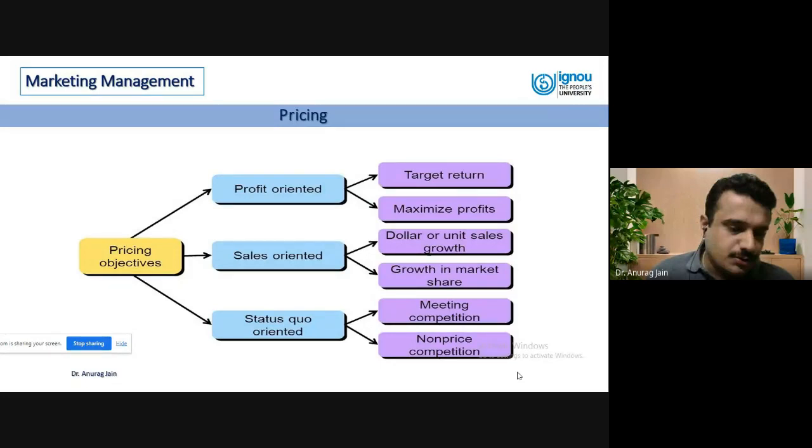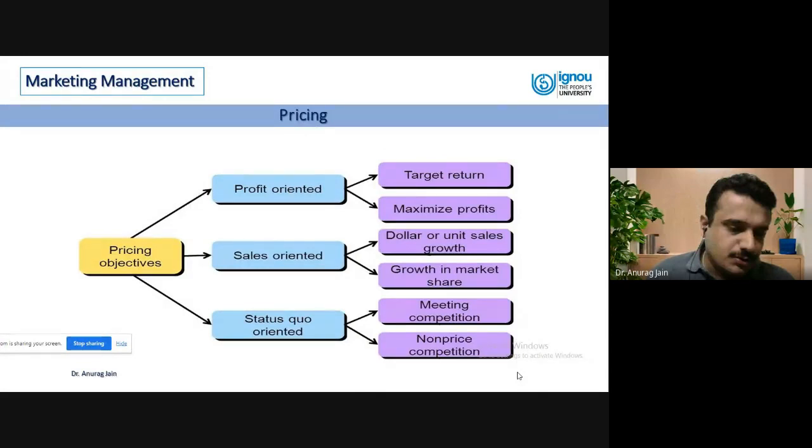So status quo can be maintained to meet the competition, because there are other players in the market and you want to stand different from them. Or it can be non-price competition. You are not only looking at price as a competition, but you want to maintain a status which makes you very different from other marketers.